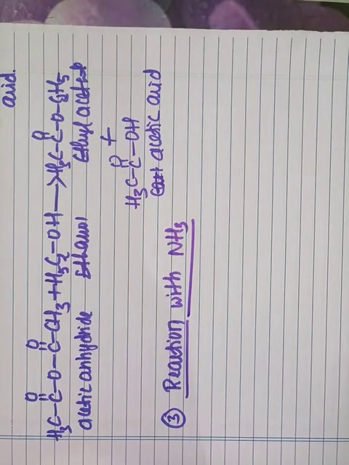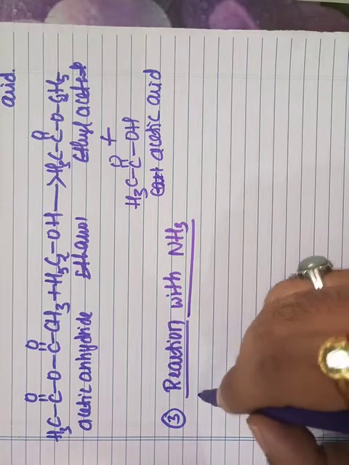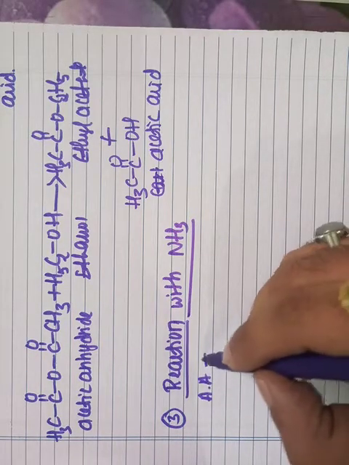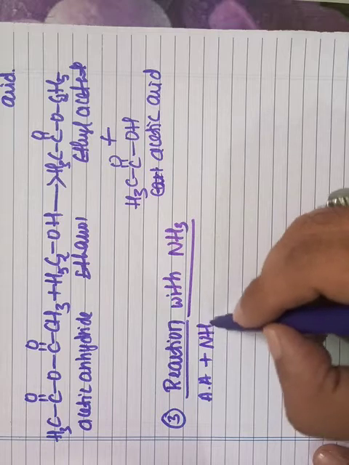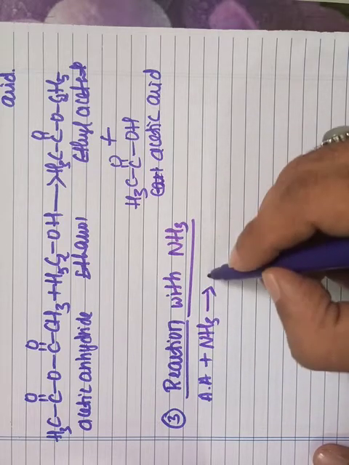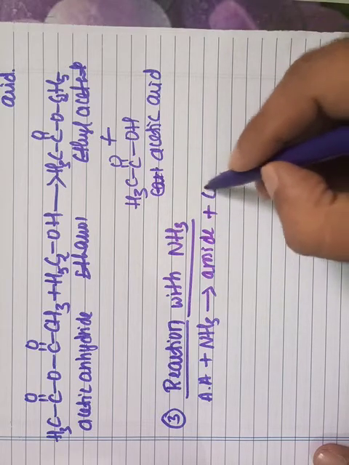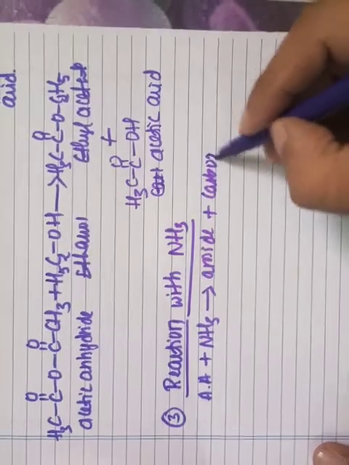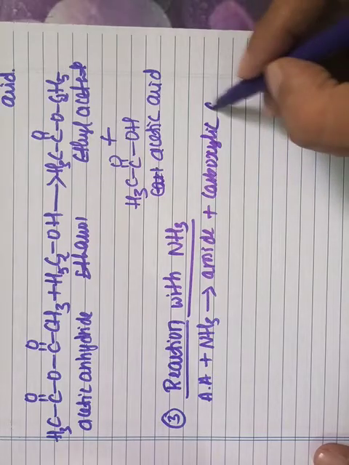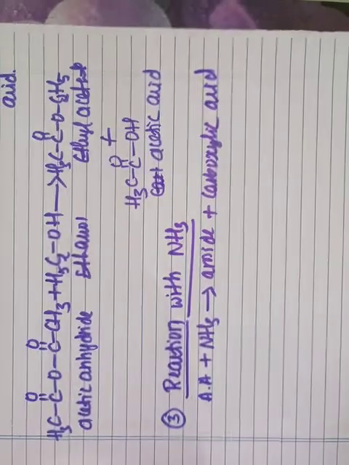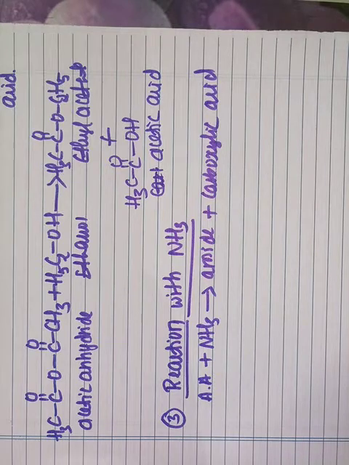These acid anhydrides react with ammonia to form an amide and a carboxylic acid. Okay, so when acid anhydrides react with ammonia, they form an amide and a carboxylic acid.